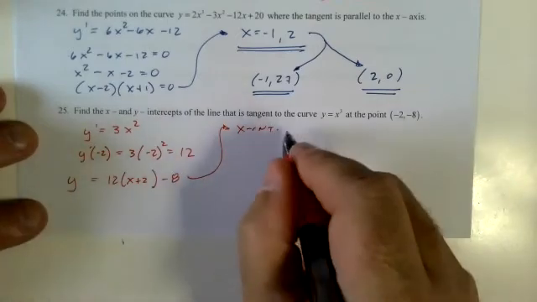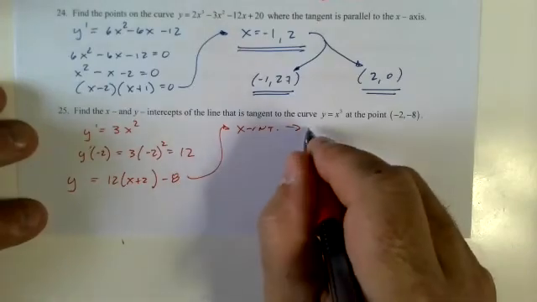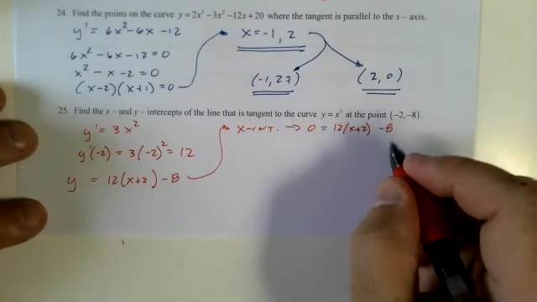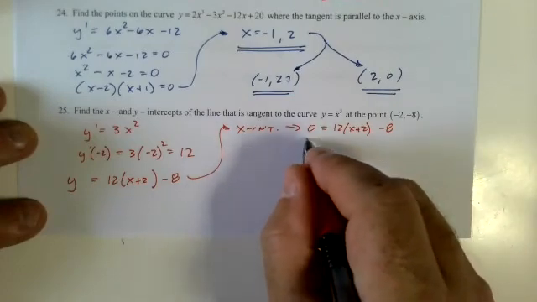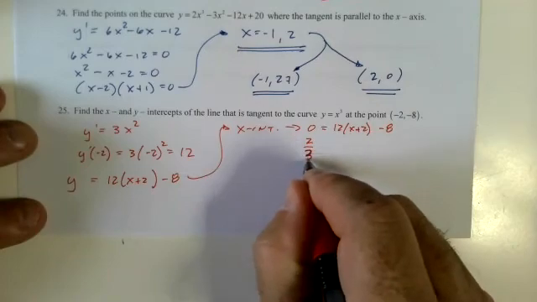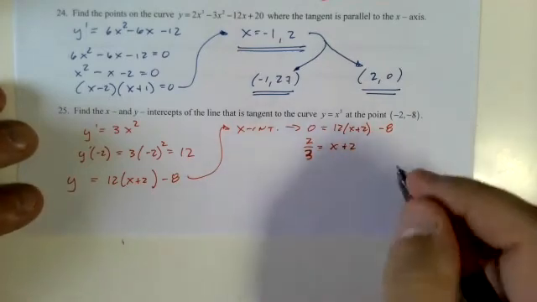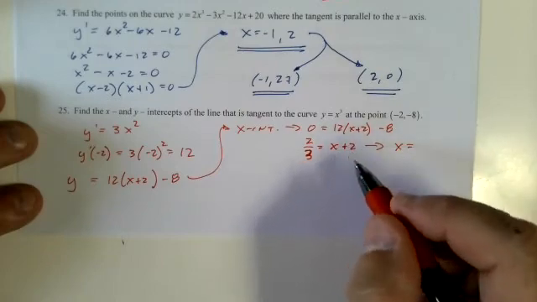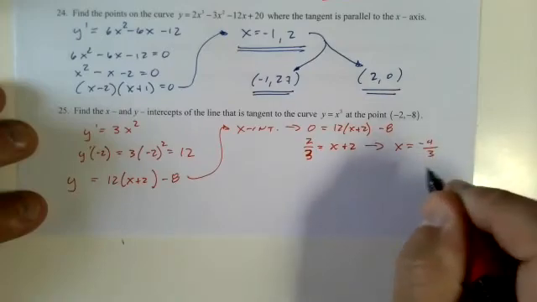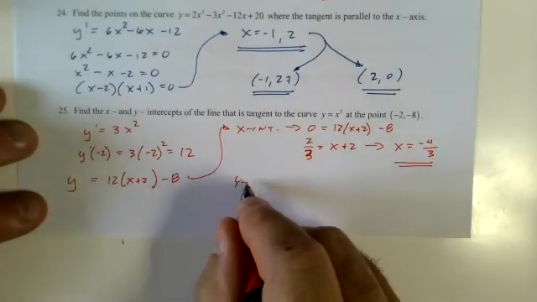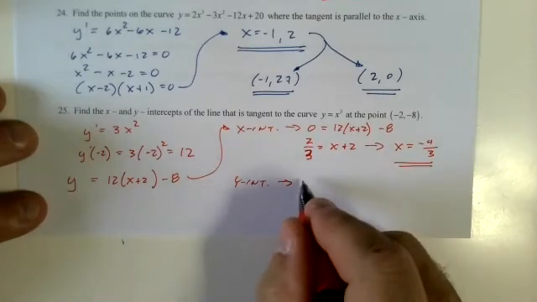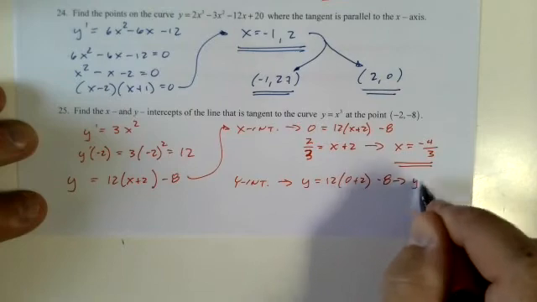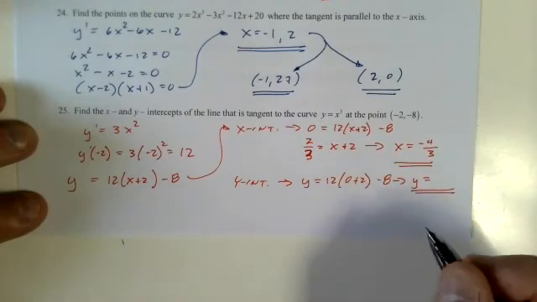x-intercept, that's when the y equals 0. 0 equals 12 times x plus 2 minus 8. 8 over and divide by 12. 8 twelfths, which is 2/3. x plus 2, x equals 3 times 2, negative 6 plus 2, negative 4/3. y-intercept, y equals 12 times 0 plus 2 minus 8. y equals 24 minus 8, 16.